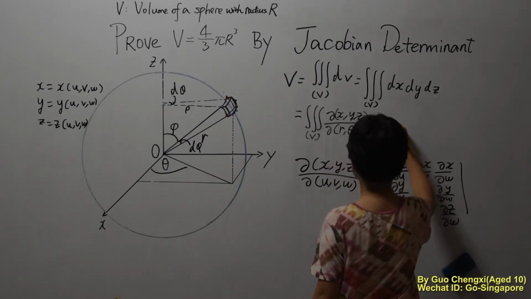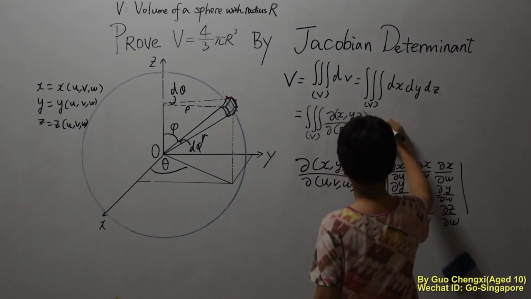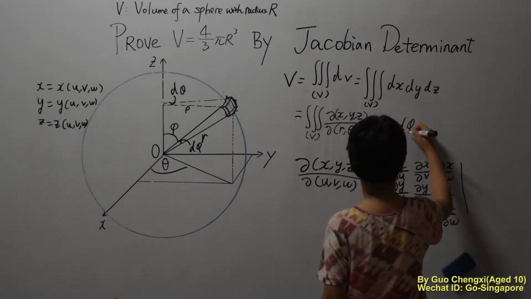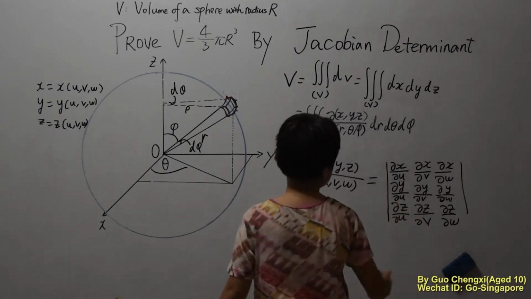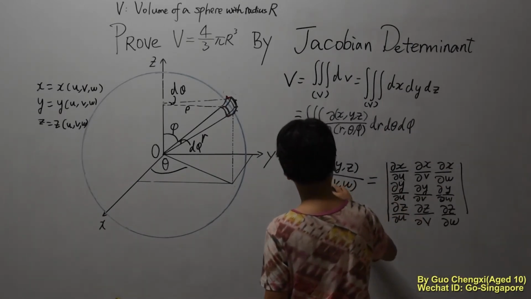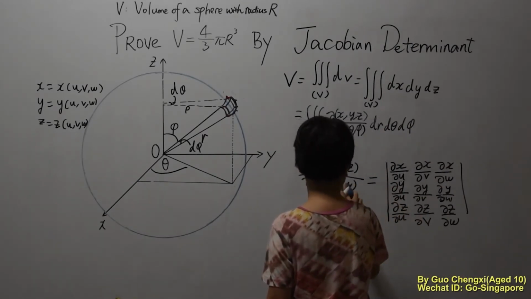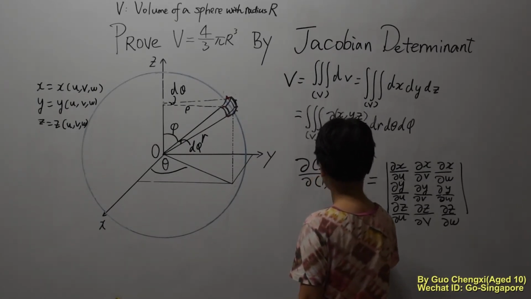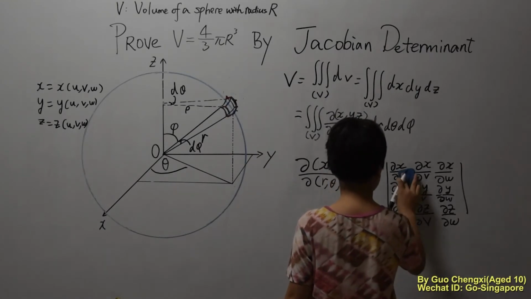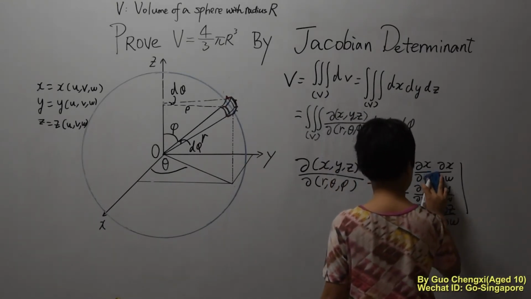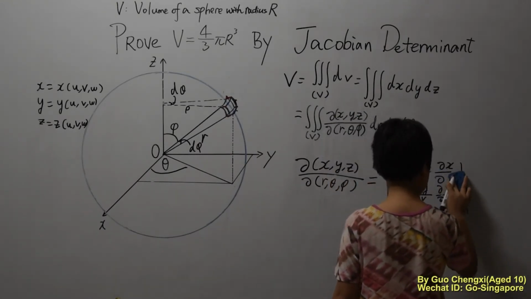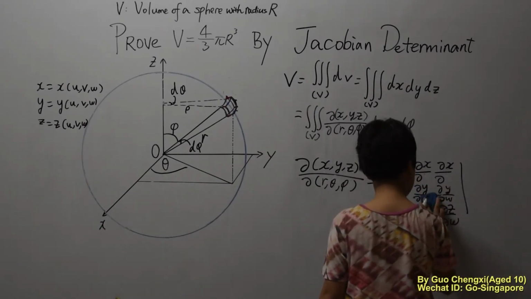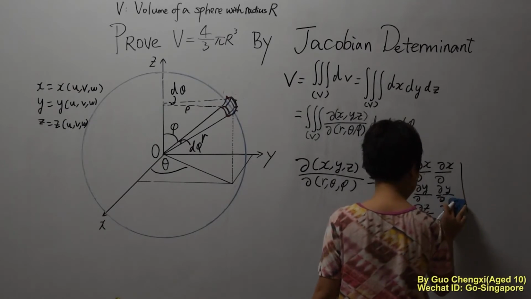Then over here, this part becomes dr, d theta, d phi. Okay? Now for this part, we'll be using d3 instead too. So just wait a moment.